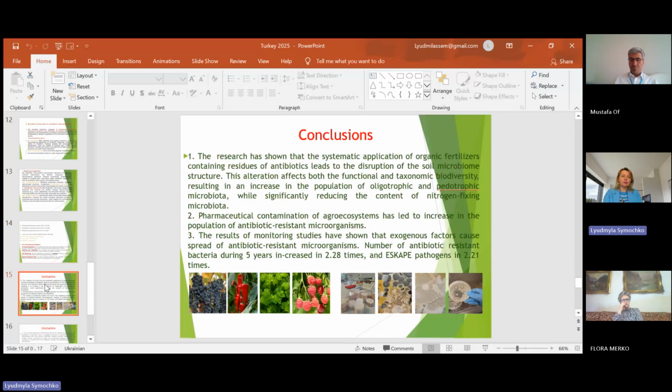And the results of our search for a bioremediation strategy show that this consortium that we created and proposed for implementation actually gave positive results.